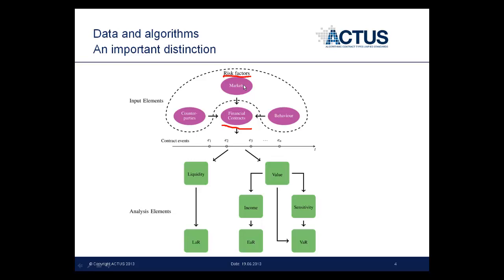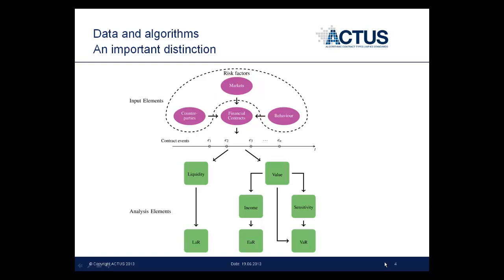Everything else is more or less uncertain, even the keeping of the promise between the two counterparties. For this reason, these elements are called risk factors. So these are the risk factors, and this is certain. The risk factors might change at any time in an unforeseen manner.